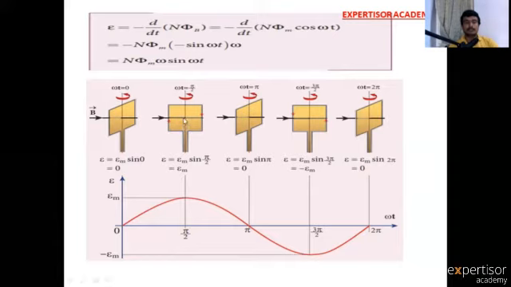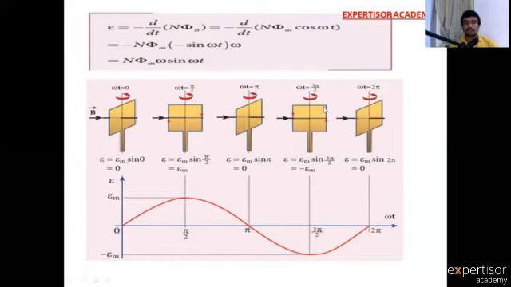Coming to this one, the orientation is perpendicular, so the angle is pi by 2. At pi by 2 sine is maximum, so this value is maximum. This is the point of maximum EMF. Coming to the third one, the rotation is equal to pi, and here the EMF is 0.